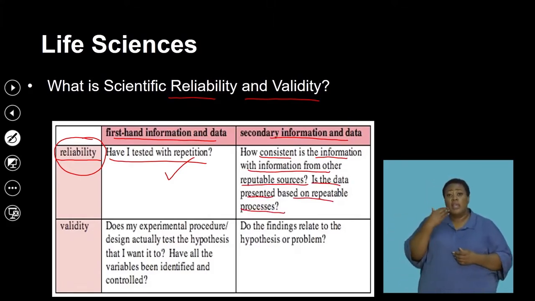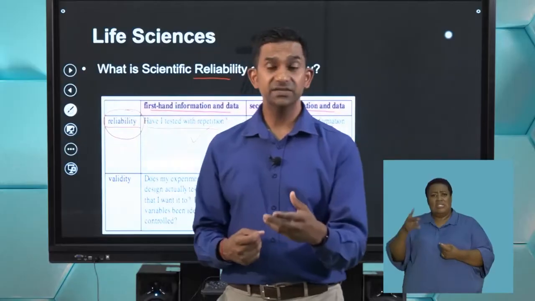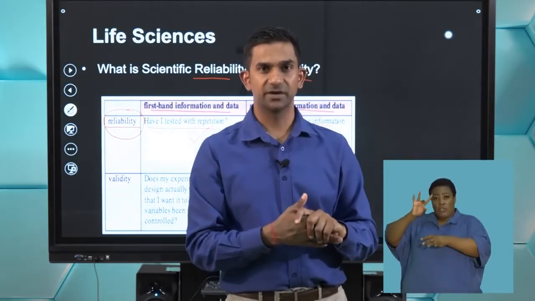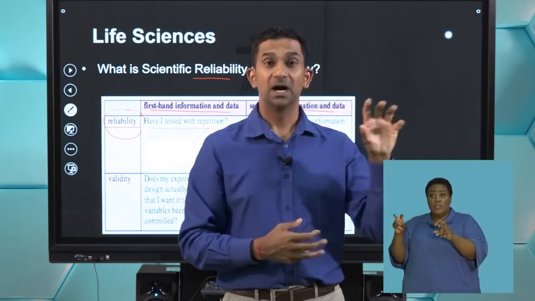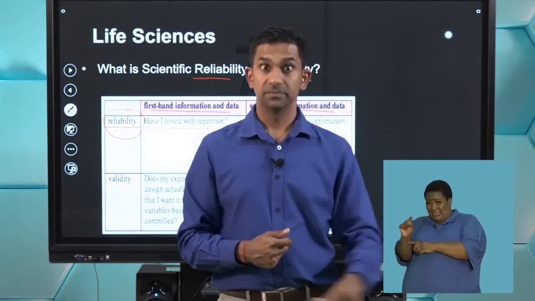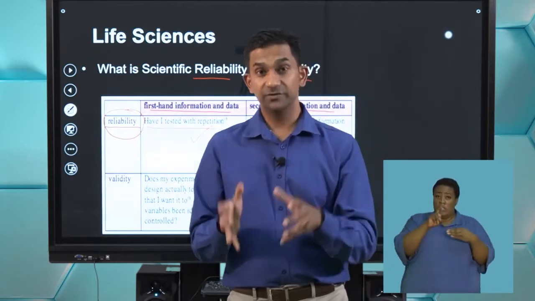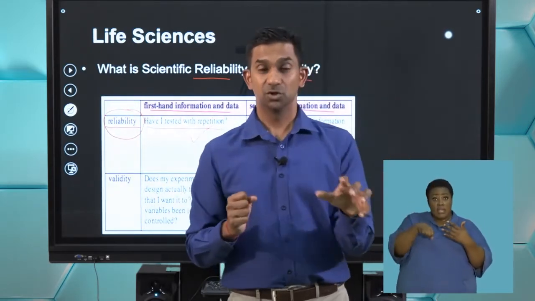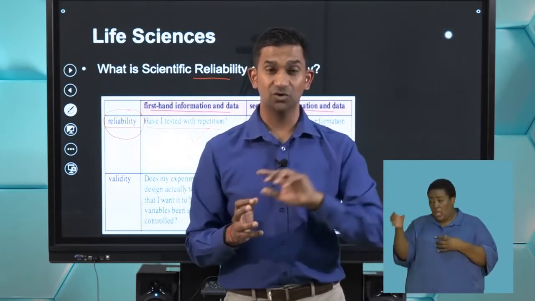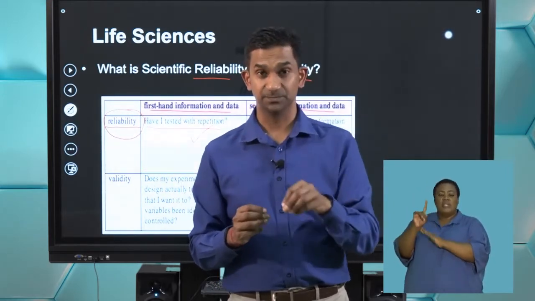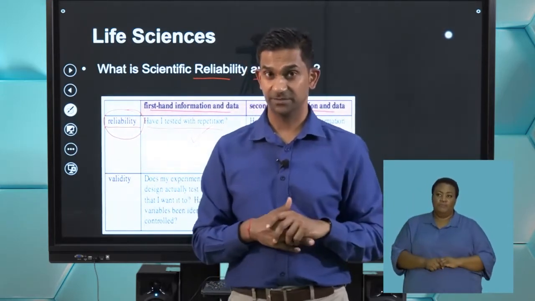Essentially, if you went on the internet and googled information around a similar topic, are those experiments producing the same reliable results that you have got? If they do, we say that information is reliable because we're linking it to the reliability of yours, and hence it increases the reliability when we talk of secondary information.